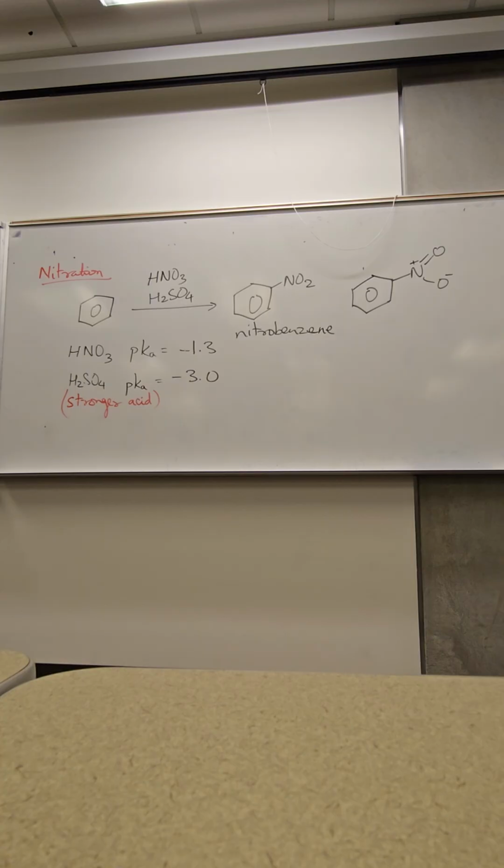So, can someone please tell me the Lewis dot structure for nitric acid and for sulfuric acid?